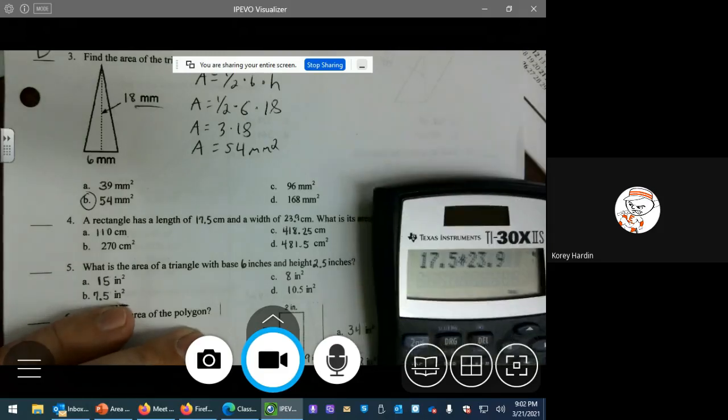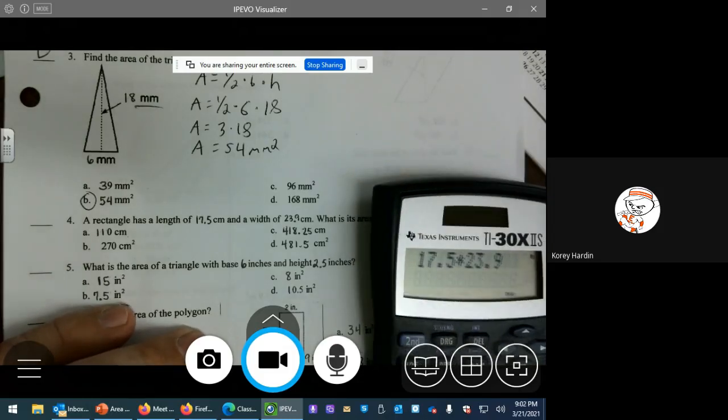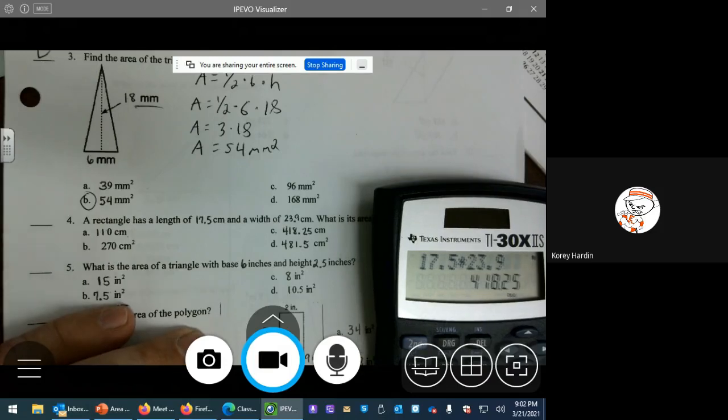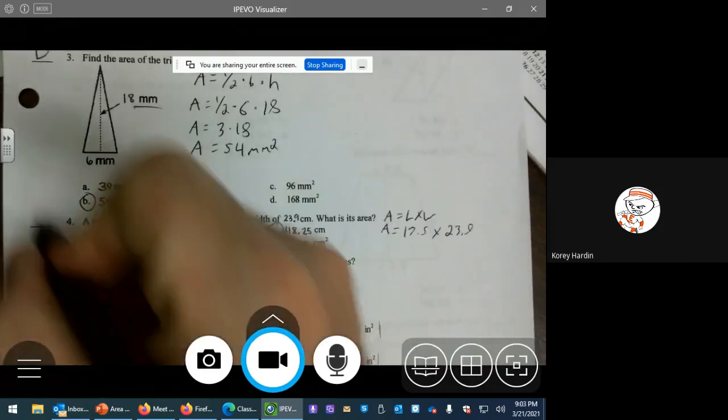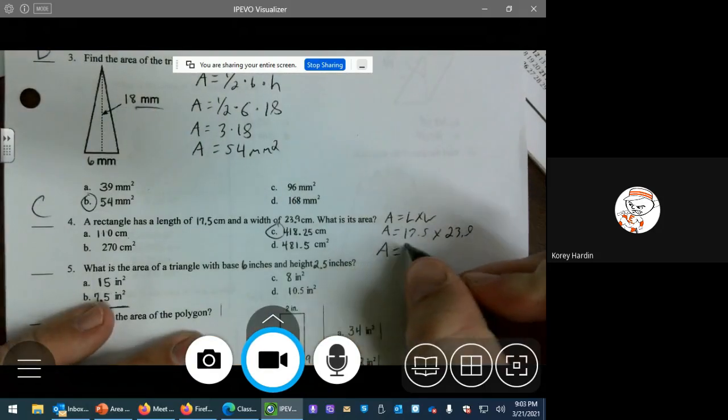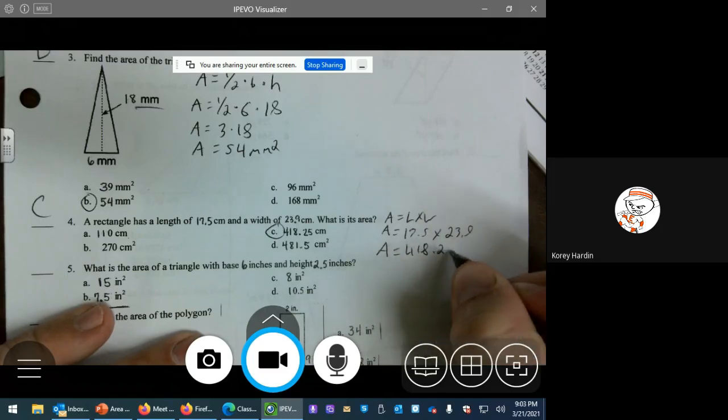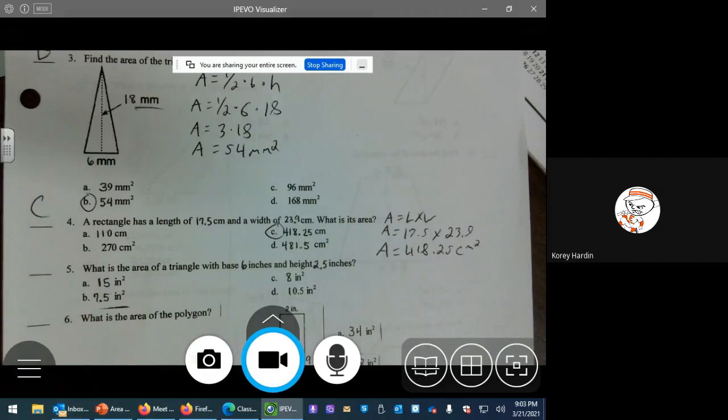And then I enter in my calculator 17.5 times 23.9, and I get 418 and 25 hundredths. So my answer on this one's going to be C. Area equals 418.25 centimeters squared.